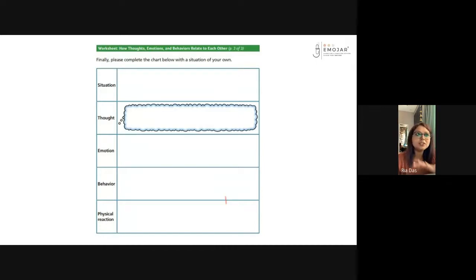And I always suggest that you motivate them to quantify their emotions. Maybe they are saying that I'm feeling anxious, I'm feeling sad. How anxious or how sad? You can scale it, maybe on a 10-point scale or a 5-point scale, 10 being the most anxious, 0 being the least anxious.